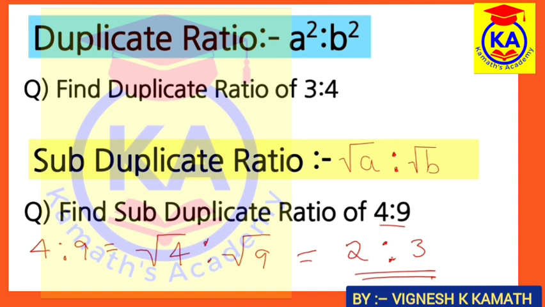Look at this identity: root of A is to root of B. Square root of 4 is 2, square root of 9 is 3. 2 is to 3 is the answer. I hope you are clear with the subduplicate ratio.